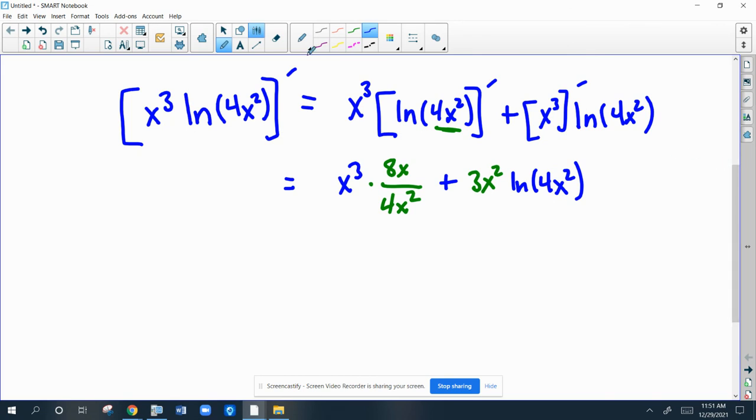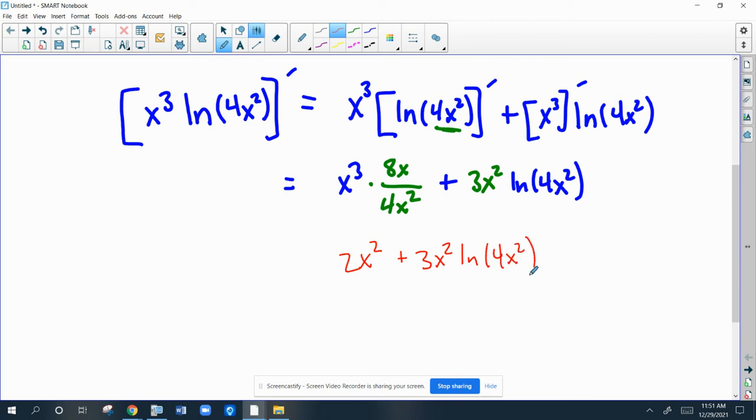There's a lot of simplification involved, it looks like, in the first term. We have 8 over 4, which is 2. We have this x, and x squared can be reduced to 1 over x. And that 1 over x can cross-cancel with that x cubed to become x squared. There's not much you can do in the second term.